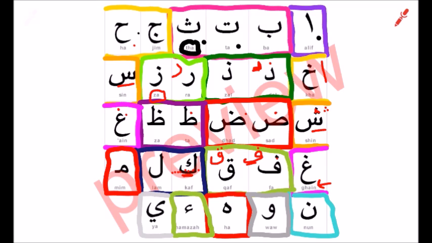Whereas Lam, really like Qaf, comes in with that hook. The other differentiation is Kaf has this symbol in here, and that is the main difference between Kaf and Lam.